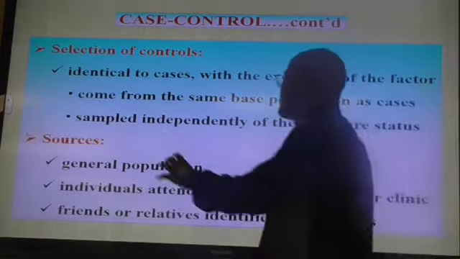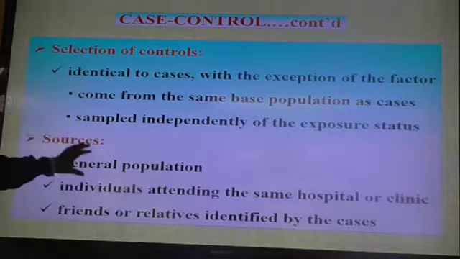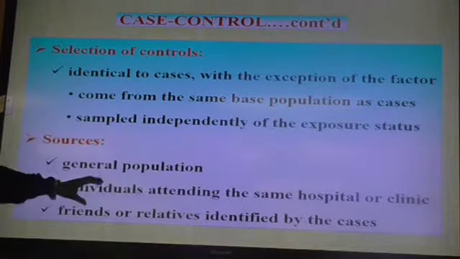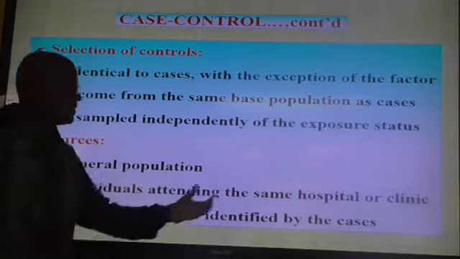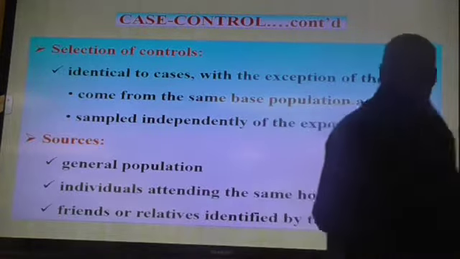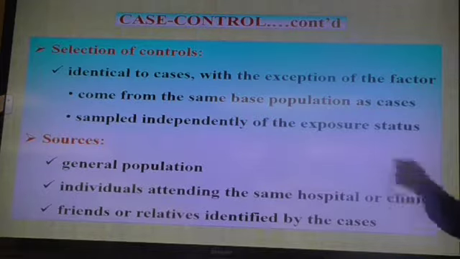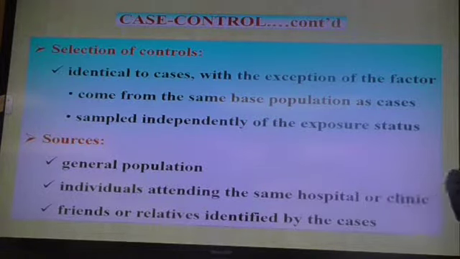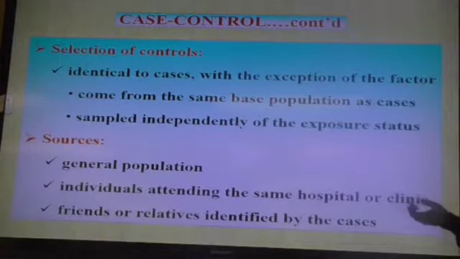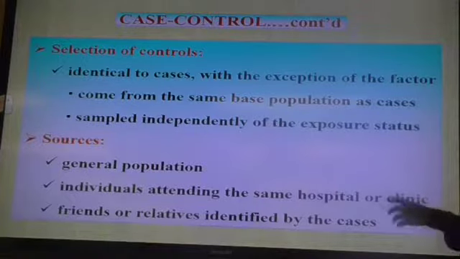So sources of controls, again, can be the general population. Also, they can be individuals attending the same hospital or clinic. If your cases come from a hospital or clinic, then you look at individuals visiting the same hospital or clinic for different reasons. So if you are looking at, for example, heart disease, and there are people coming to the hospital for diabetes, then you choose them.